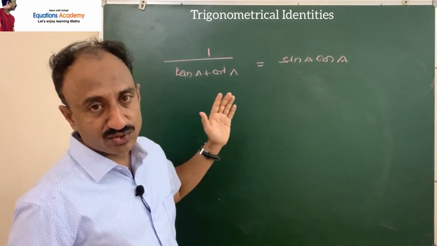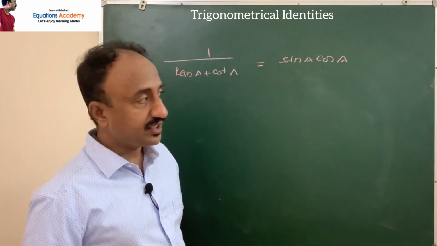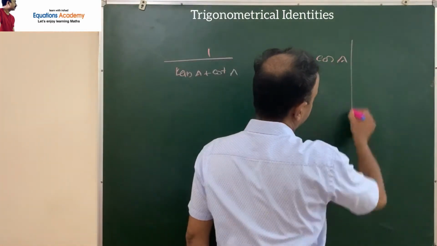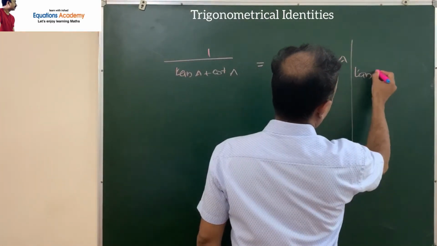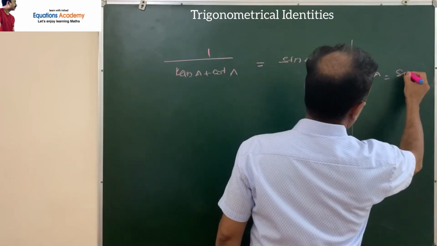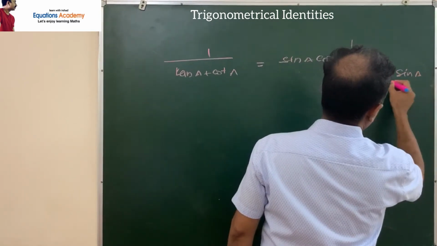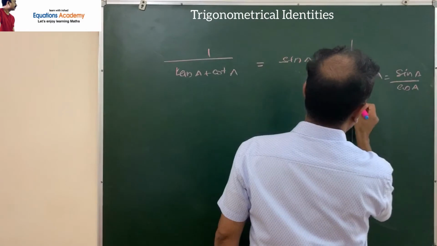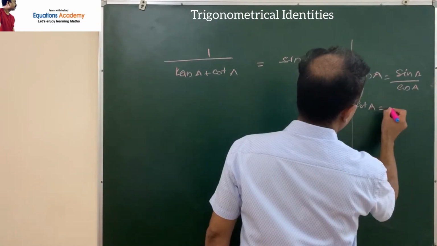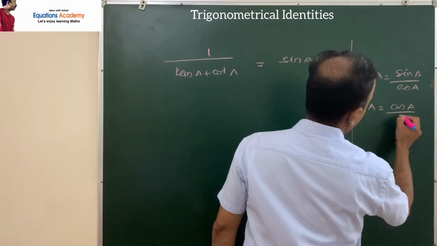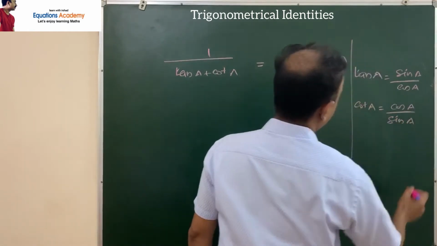Tan A, we know tan A in terms of sin and cos, tan A is equal to sin A by cos A, and cot A is equal to cos A by sin A.